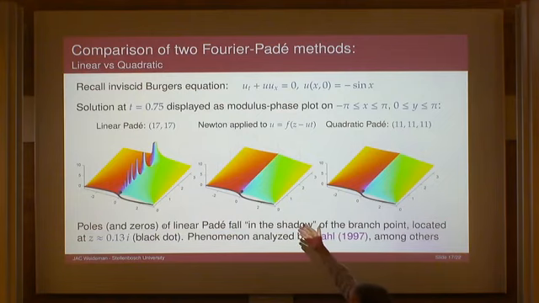If you do it with Padé, you get a meromorphic solution. What happens is that the poles of that meromorphic solution are put right where the branch cut is. So it's as if Padé uses the sequence of poles and zeros as a proxy for the jump in phase. That's well-known stuff in approximation theory for regular Padé, but it also happens in linear Padé.